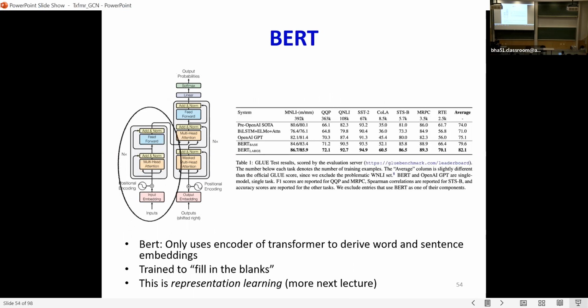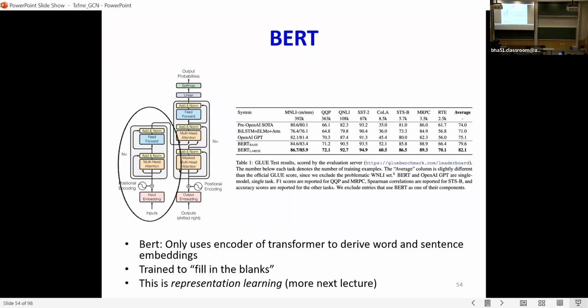The other big one that you may have heard of is BERT. BERT is just the encoder part of the transformer. It is trained by putting blanks in the input sentence, and then you learn to reproduce the same sentence by filling the blanks. And so what it learns is to compute very good representations.